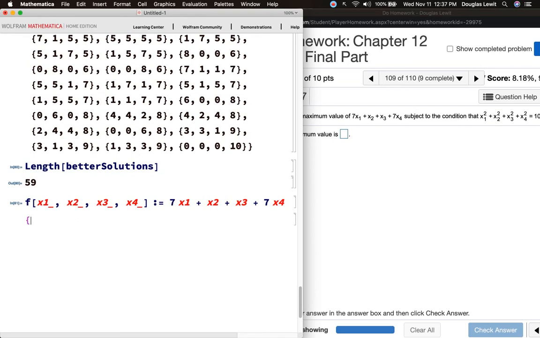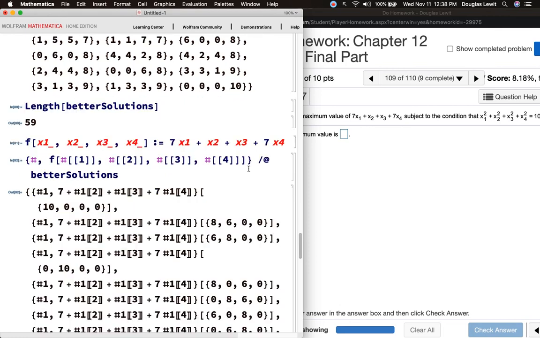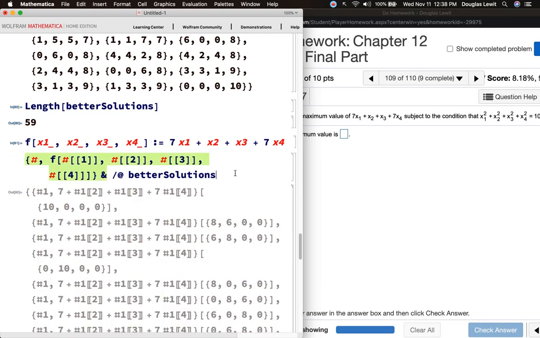So this is what I have to do: the hash, 1, 2, 3, 4, and we're going to map this onto betterSolutions. There we go. I have to remember to use the ampersand.